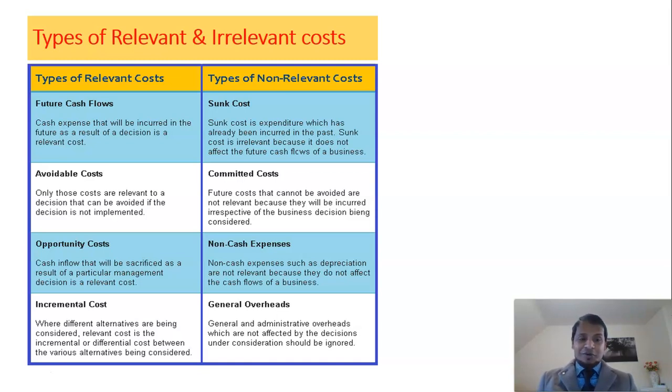Whether we use it or not, the depreciation of the machinery or the furniture or the equipment will continue. This is a committed cost. Another example that is easy to understand is employees. For example, we employed a production manager or production employees, a permanent employee of the organization.